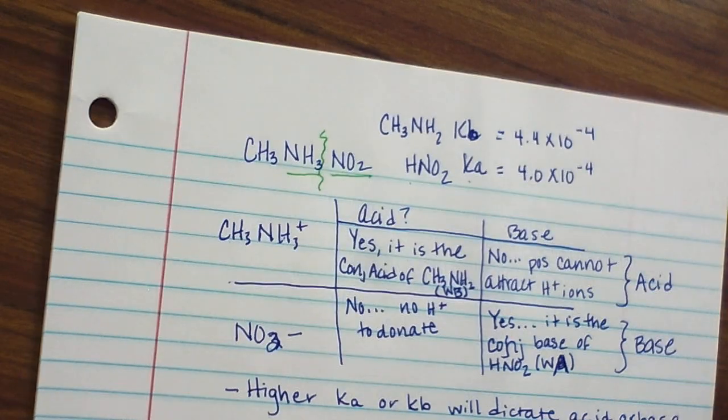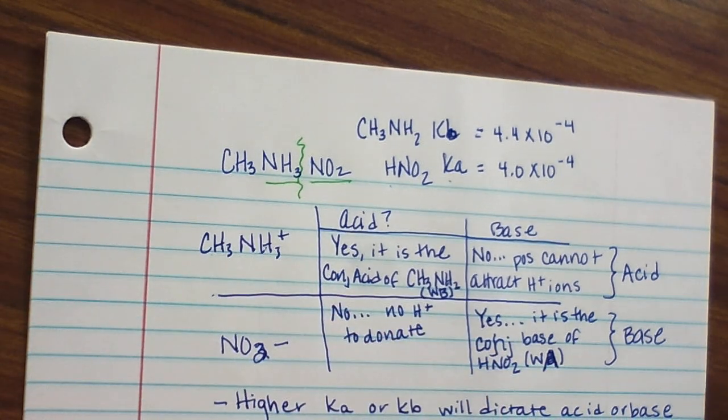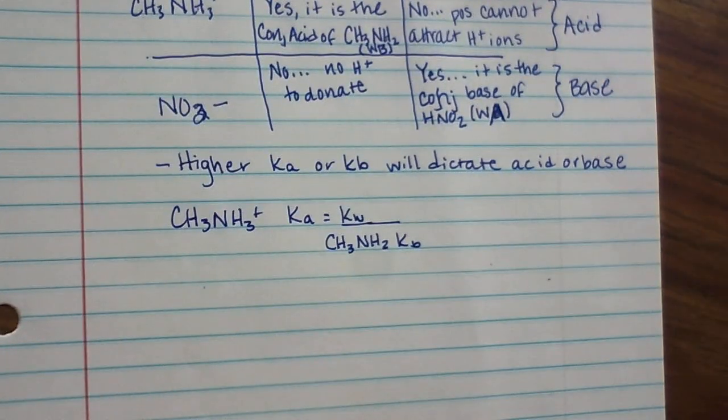All right. Now what we're going to do is find the Ka for CH3NH3 plus. We need that Ka, which is going to be equal to Kw over the Kb of CH3NH2.